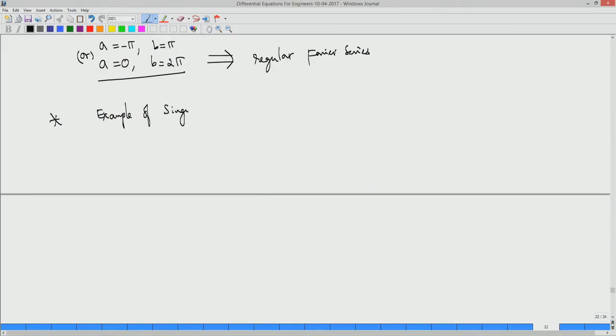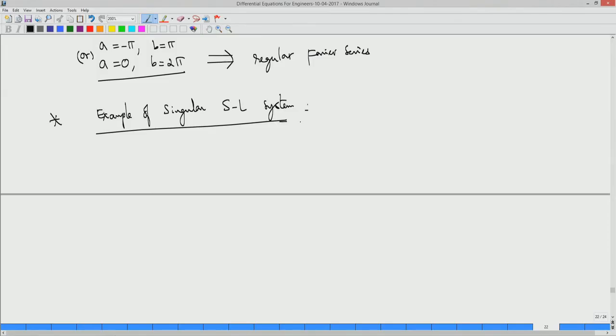I do not really do something new here, which you already know. I just give two examples of differential equations which you already studied. One is the Legendre equation, the other one is Bessel's equation. We will give an example here for the singular Sturm-Liouville system.